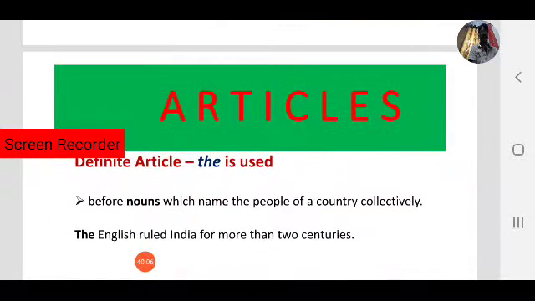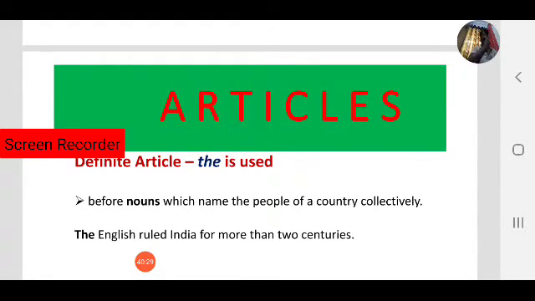Next, the definite article the is used before nouns which name the people of a country collectively. For example, the English ruled India for more than two centuries.